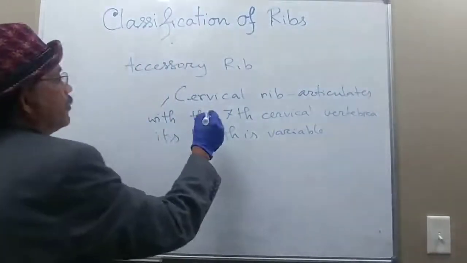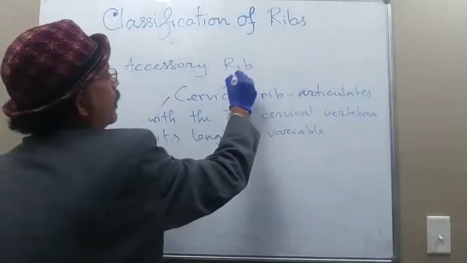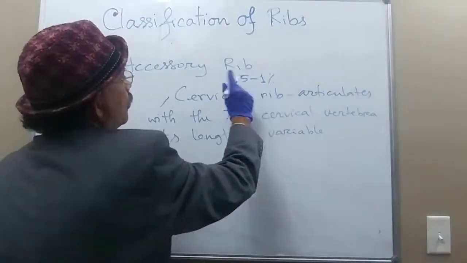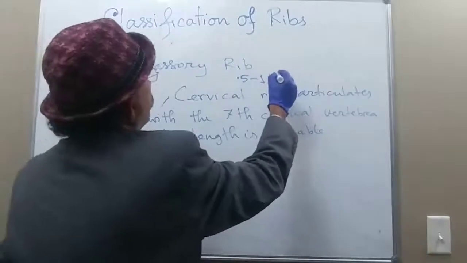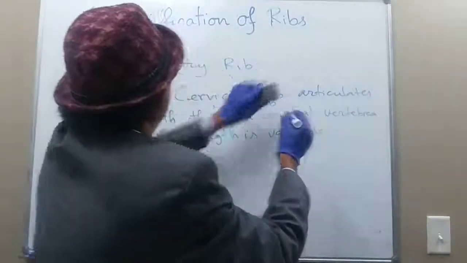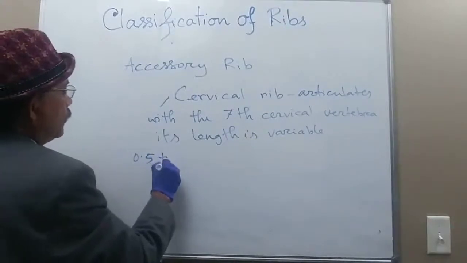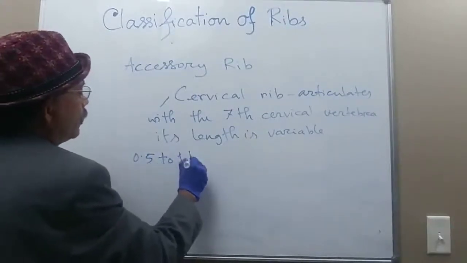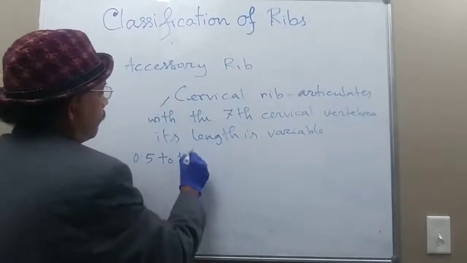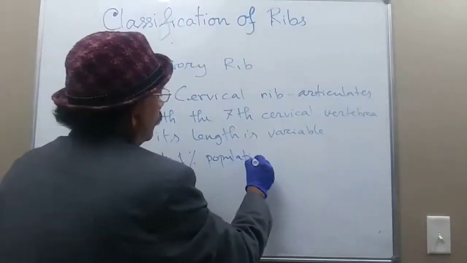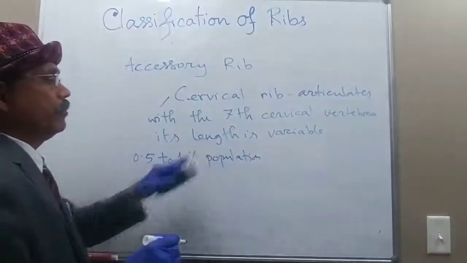Okay, so cervical rib is present in around 0.5 to 1% of the population.